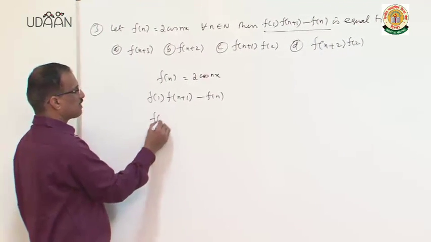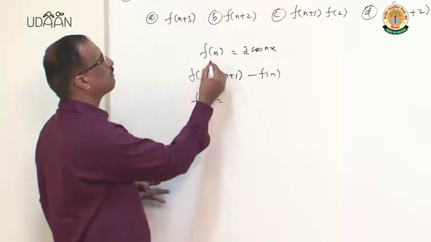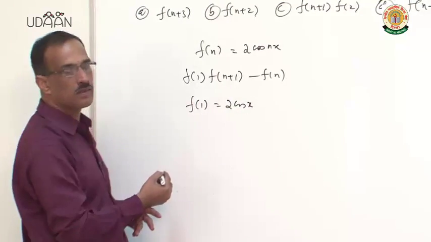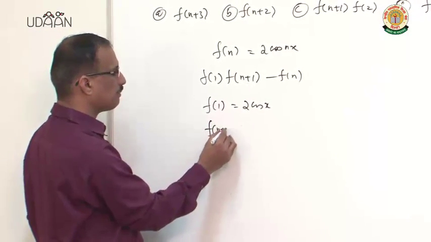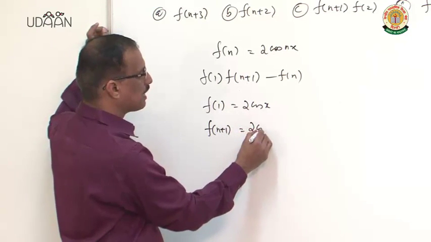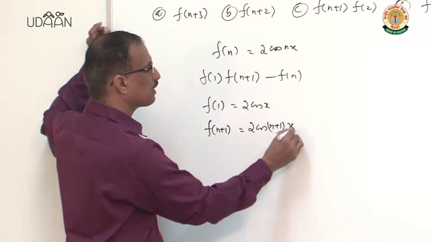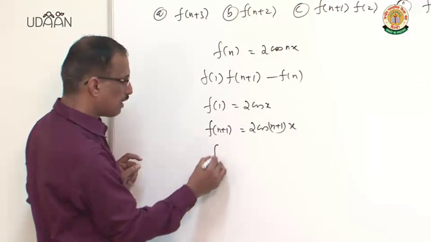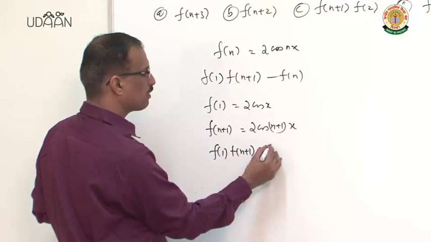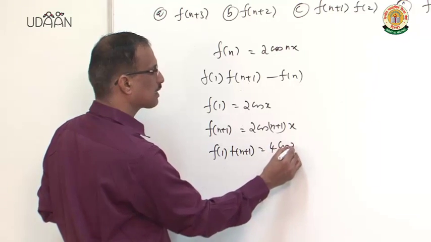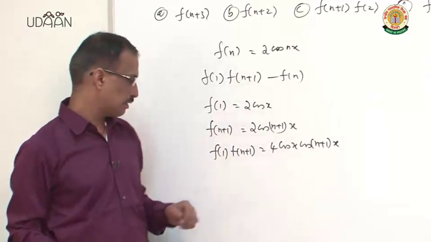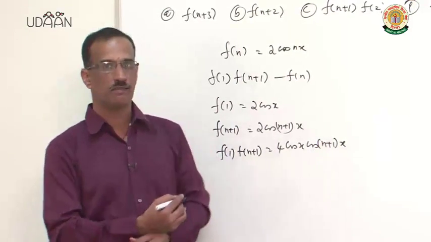So, let us first find what f(1) is. If you put n equal to 1, you get f(1) equal to 2 cos x. Similarly, f(n plus 1) you will get 2 cos (n plus 1)x. So, now f(1) into f(n plus 1) will give us 4 cos x cos (n plus 1)x. So, you got f(1) into f(n plus 1).